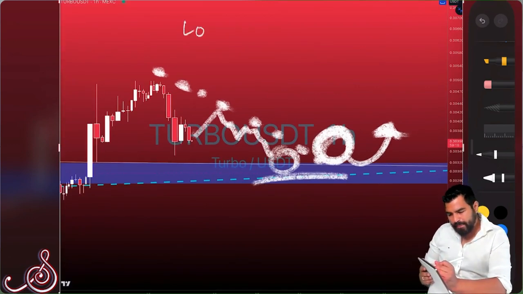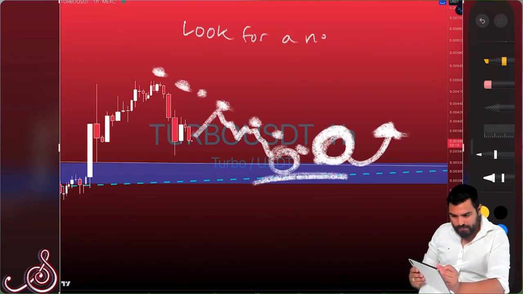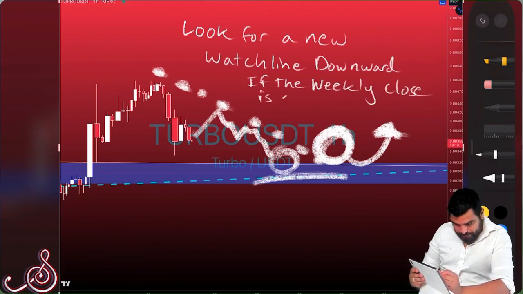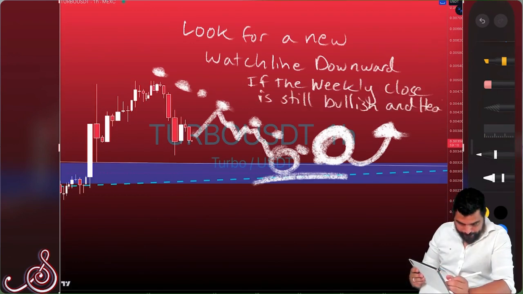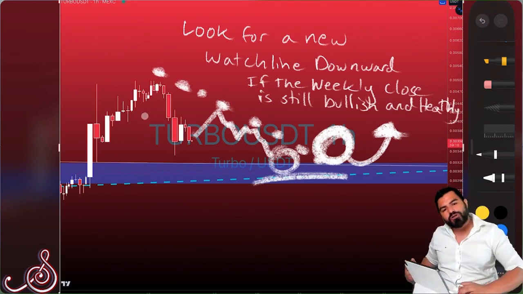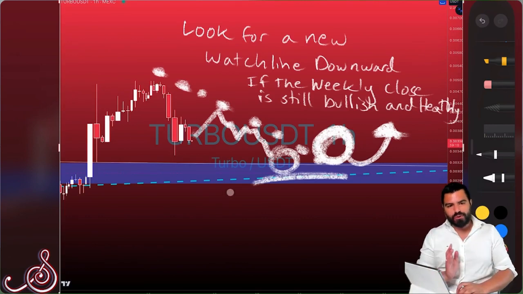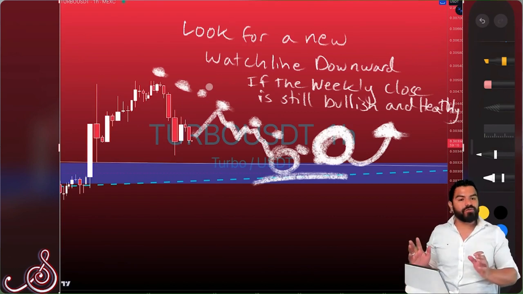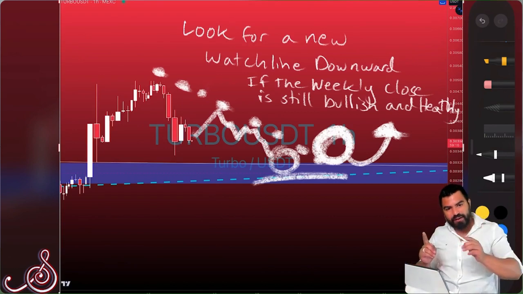Look for a new watch line down if the weekly close is still bullish and healthy. The reason that's important for the weekly close is because now you're trading with the trend. If the larger move is still upwards and the weakness hasn't come in on that larger time frame, all you do is hunt the down move.